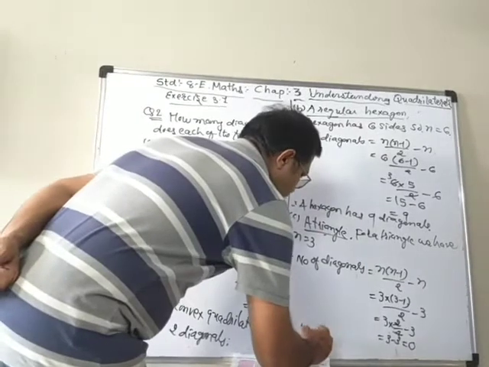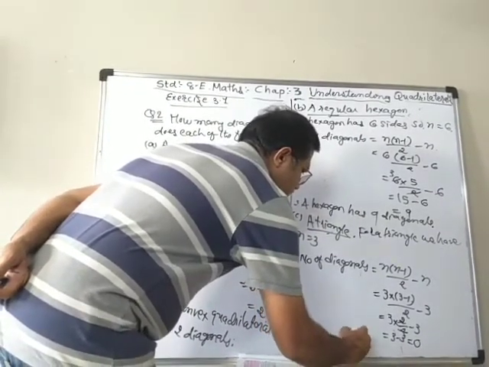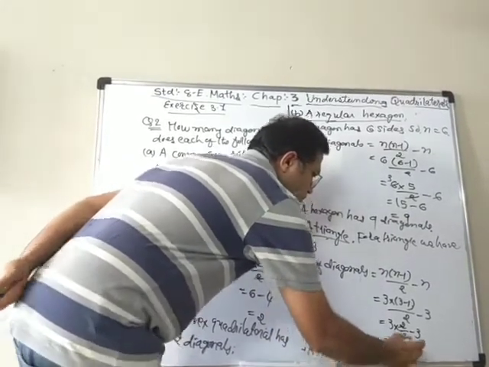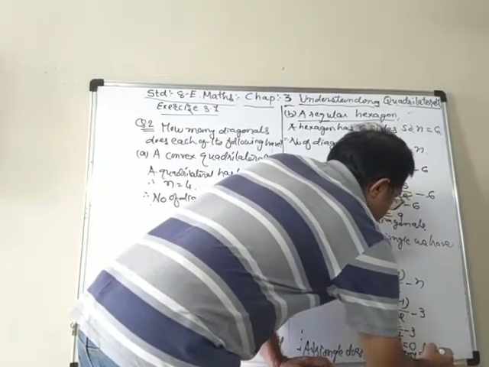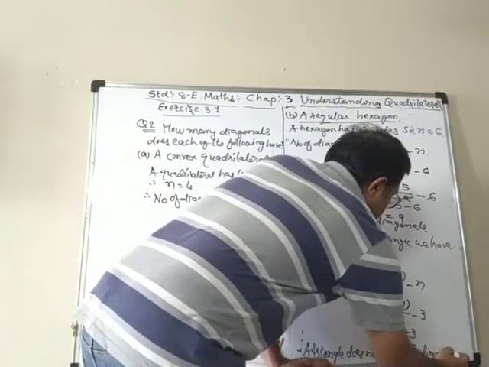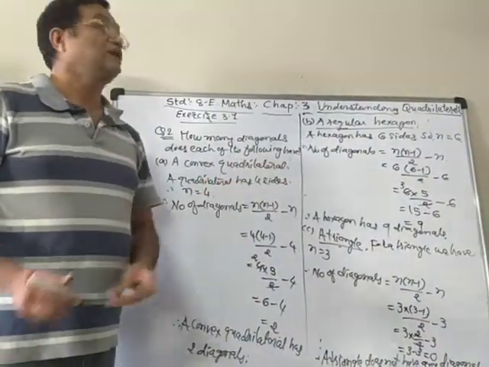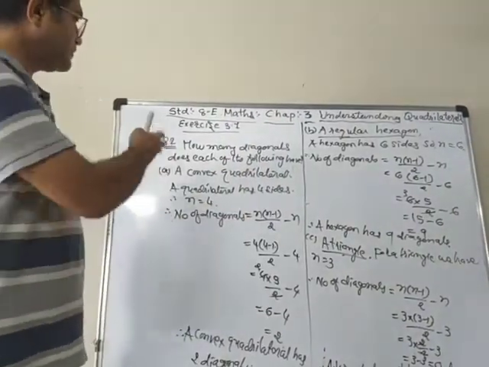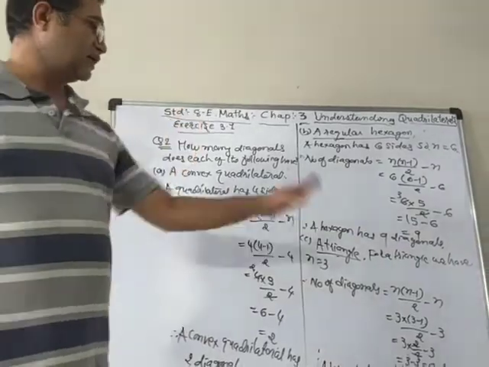So we can write down a triangle does not have any diagonal. If you know the formula, then we can find the number of diagonals in any polygon. Here we found out for the convex quadrilateral, hexagon and the triangle also.